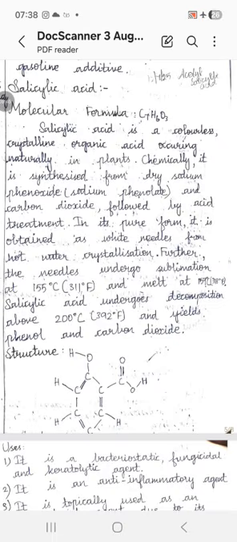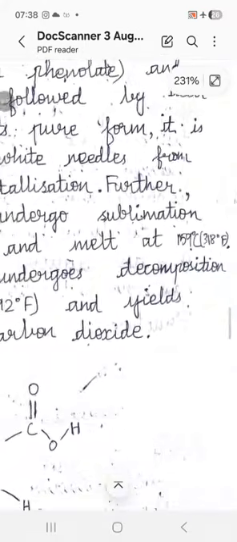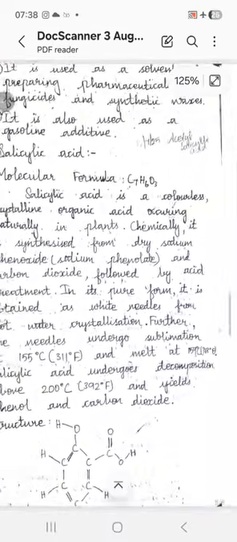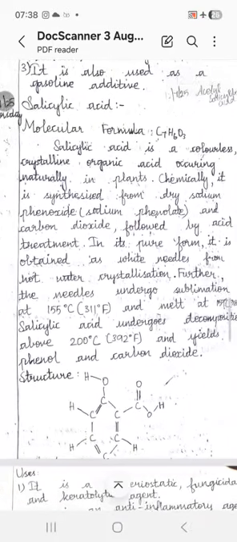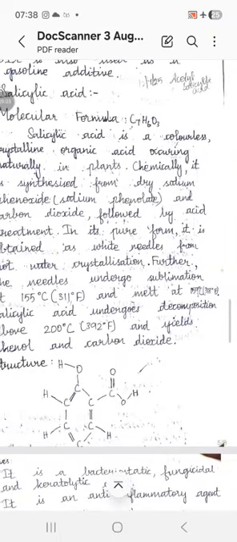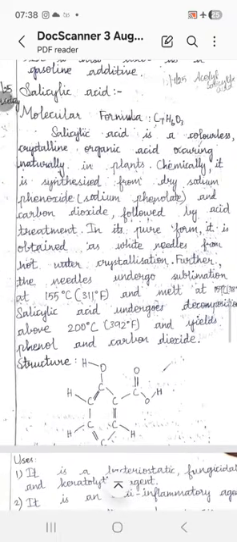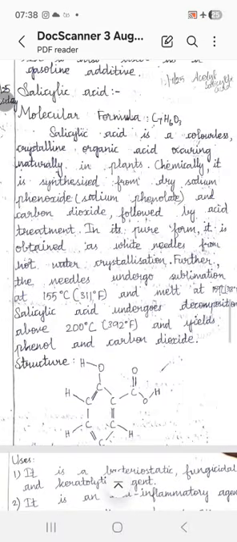Further, the needles undergo sublimation at 155 degrees Celsius and melt at 159 degrees Celsius. Then salicylic acid undergoes decomposition at about 200 degrees Celsius and yields phenol and carbon dioxide.